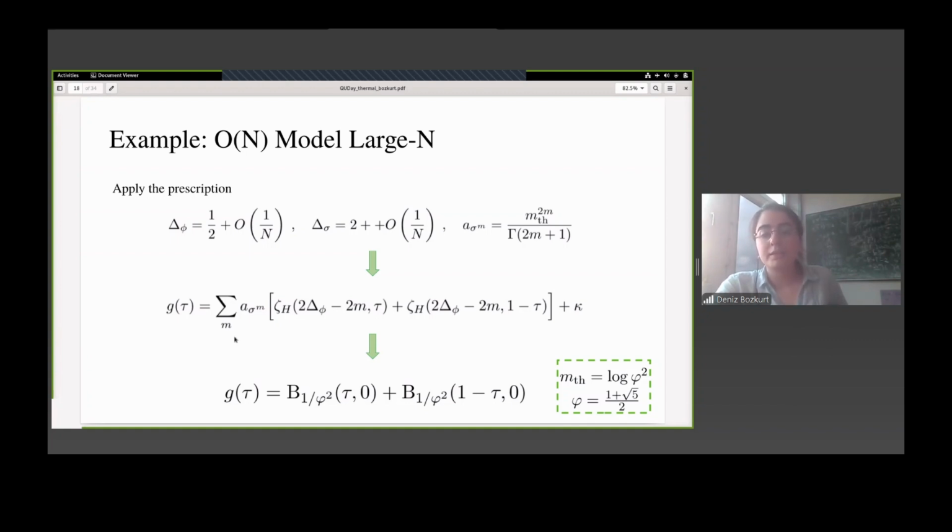And then the thermal 2-point function is this infinite sum that, if we stick to one strip in terms of tau, we can also resum and obtain the thermal 2-point function in terms of 2 beta functions. And then the thermal mass that we were mentioning appears as a parameter in this function.